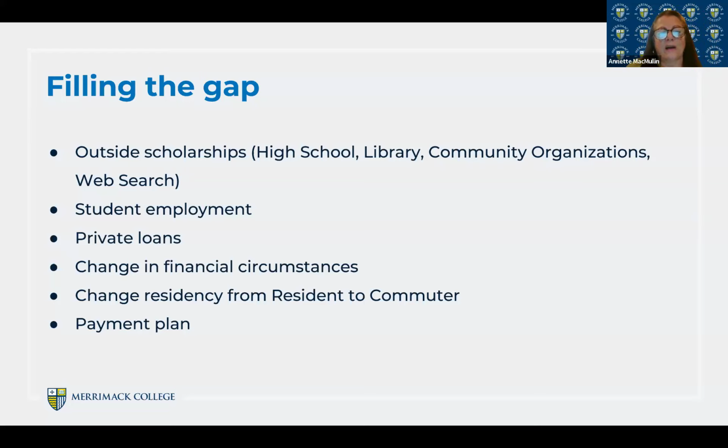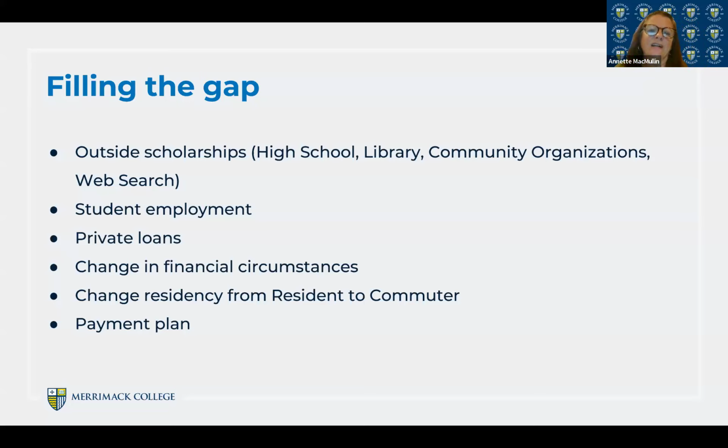Anytime you want to fill the gap regarding changes of residency, so if you are in commutable distance and we do not require you to live on campus, if you do want to change that residency status as an incoming student from resident to commuter, your costs could be lower.